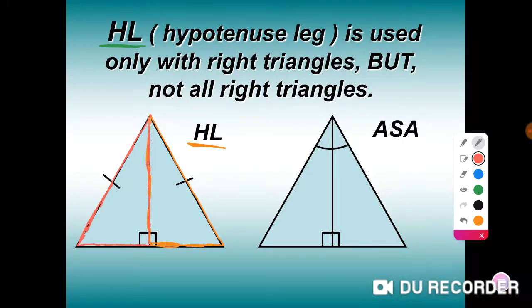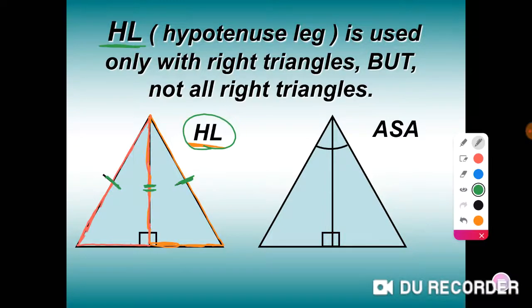Once we have a right angle triangle and the hypotenuse is congruent to the hypotenuse in the second triangle, and one leg is congruent to one leg, which is the common side, we can use the HL theorem.